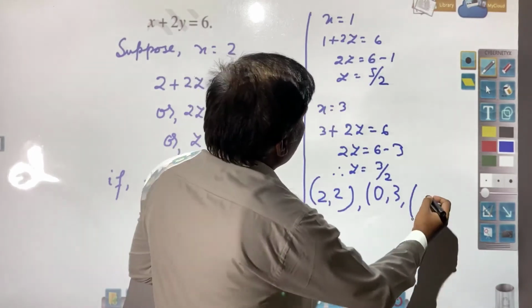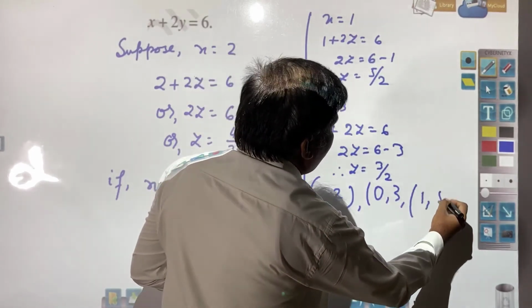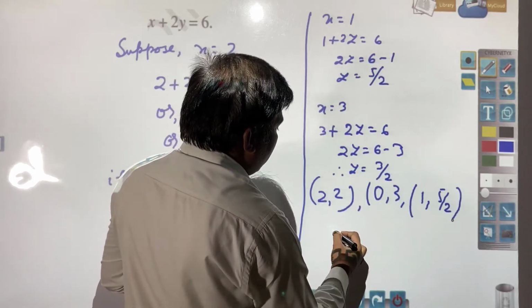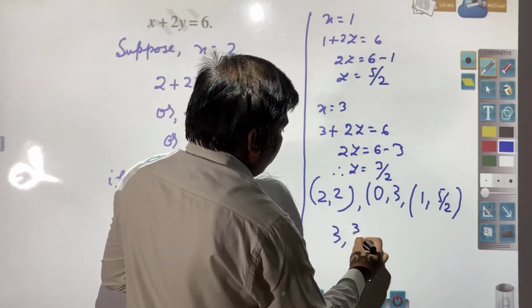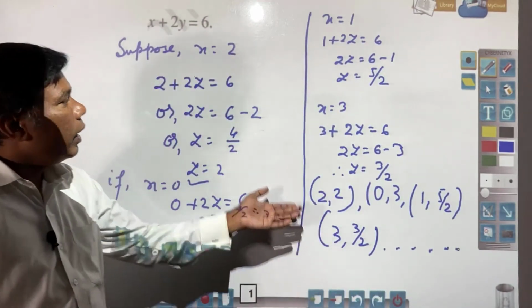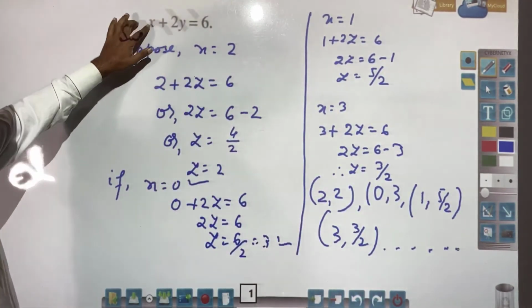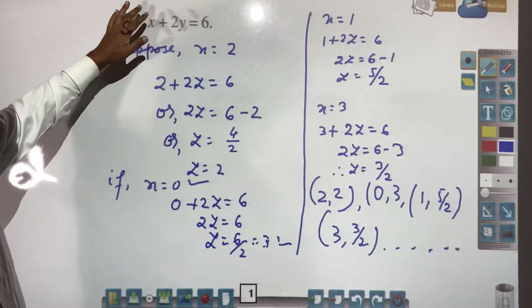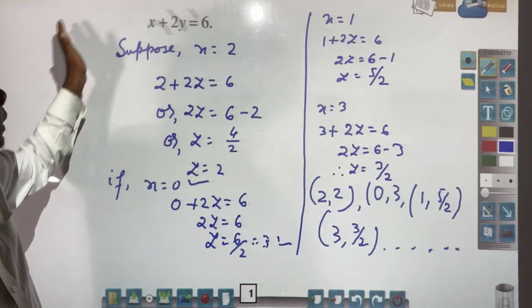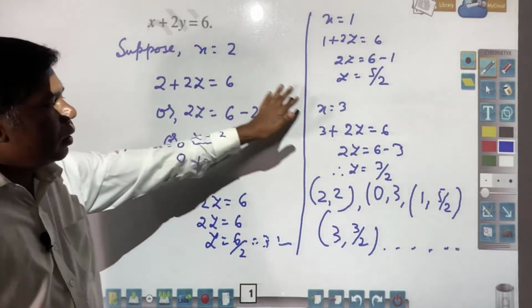The other solution you can get is 1 and 5 by 2. In the same way, the other solution you have got is 3 and 3 by 2. In the same way, many solutions you can get. You just need to assume x: 0, 1, 2, 3, 5, 6, positive integers, even negative integers can also be taken, and find out the value of y.